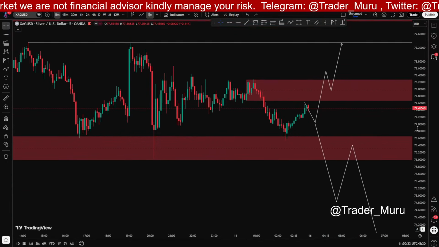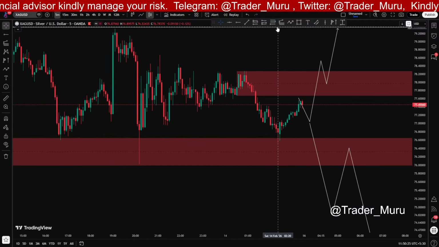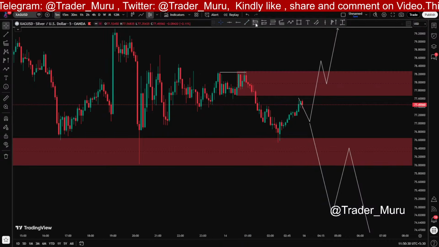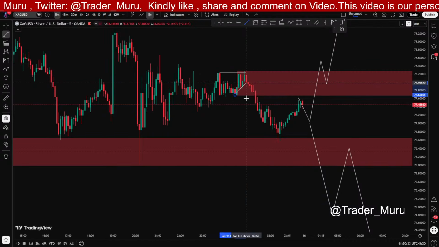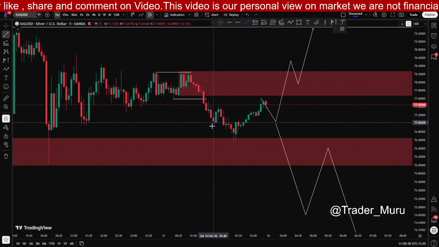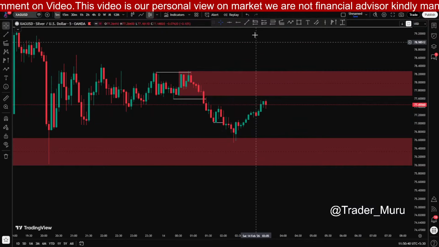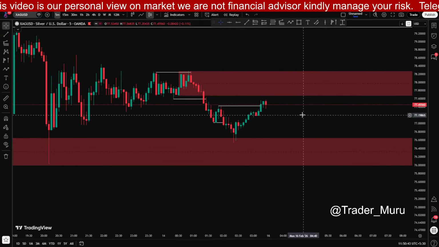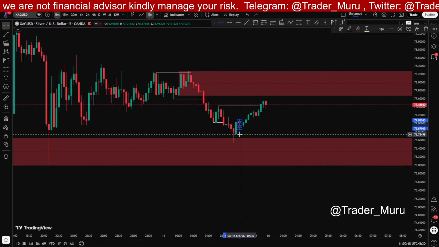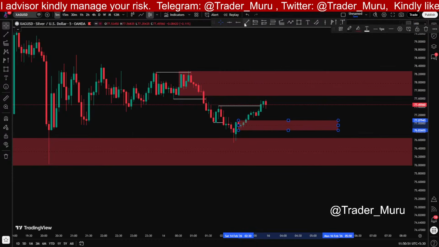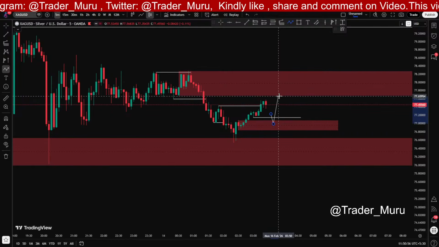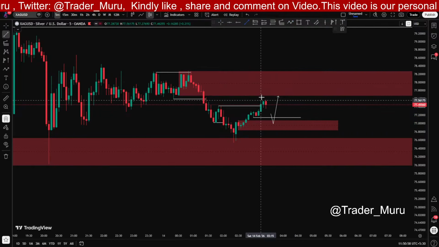5 minute. We have this liquidity, break of low, again this one, and this is our change of character. This zone is pending for the test, having liquidity, possible drop, and again rise. First target will be this high.